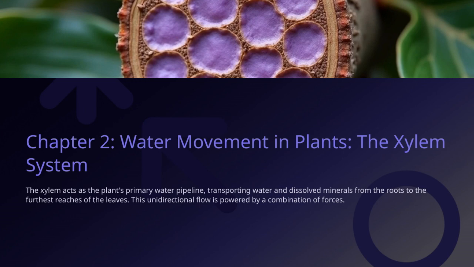As water evaporates from the leaf surfaces, it creates a negative pressure that pulls more water upward through the xylem vessels. This mechanism ensures that water and nutrients reach all parts of the plant efficiently, supporting healthy growth and photosynthesis. Understanding this flow helps us see how vital the xylem is in maintaining plant health and overall functioning.